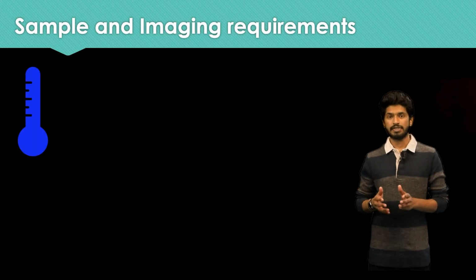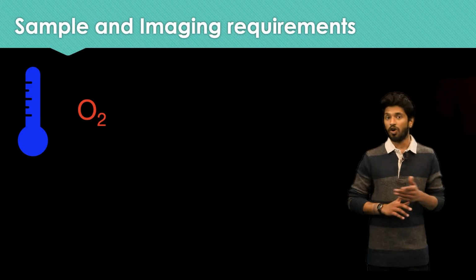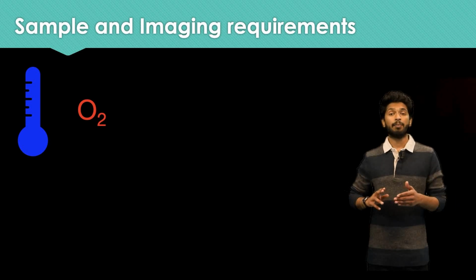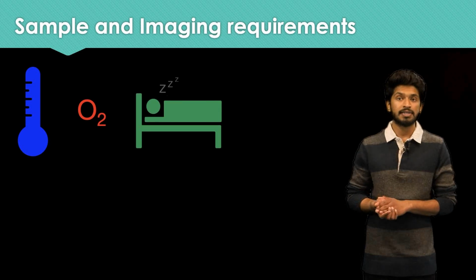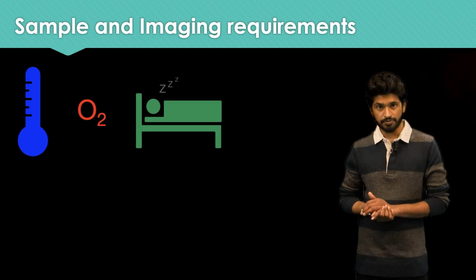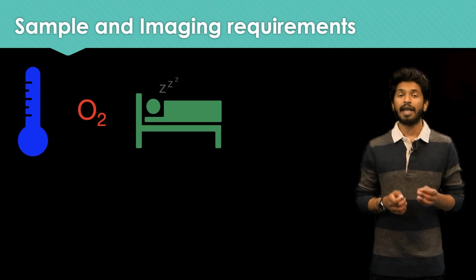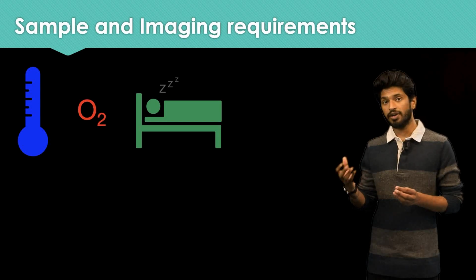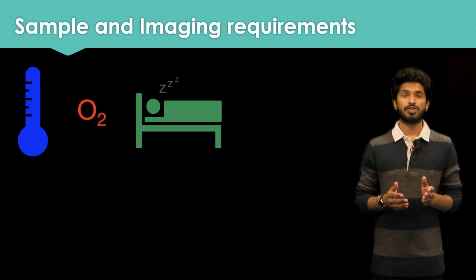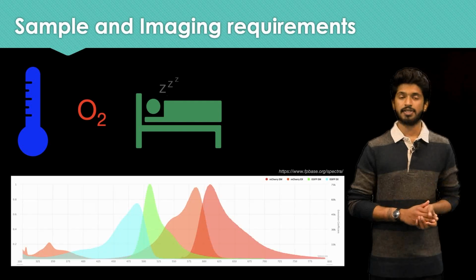The requirements of the sample also need to be considered if it requires temperature control, oxygen conditions, if the sample needs to be anesthetized or immobilized, and if it needs water for the duration of the imaging. This would depend on the microscopy setup being used and if the microscope is upright or inverted. The fluorescence of the sample and what you are imaging also needs to be considered during this.